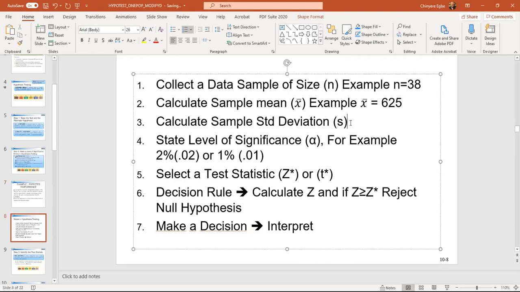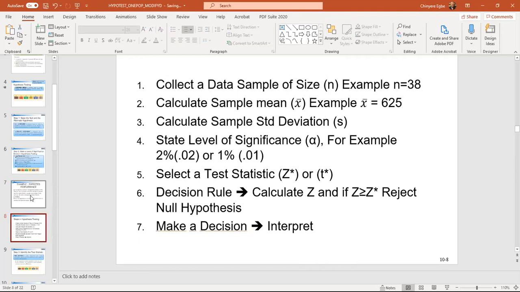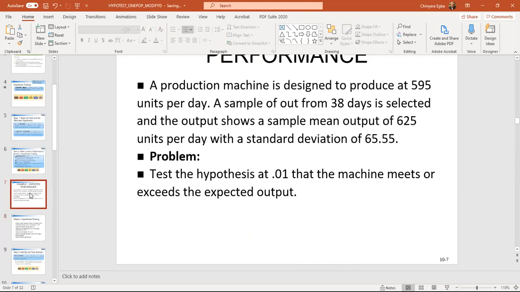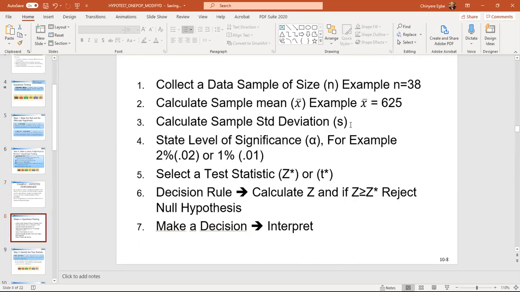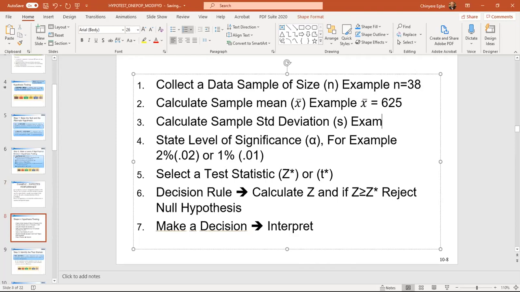And we calculated the standard deviation, which was 65.55. And we selected a level of significance of 0.01. So now, what is the test statistic?